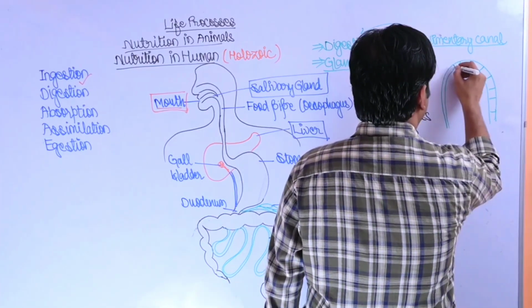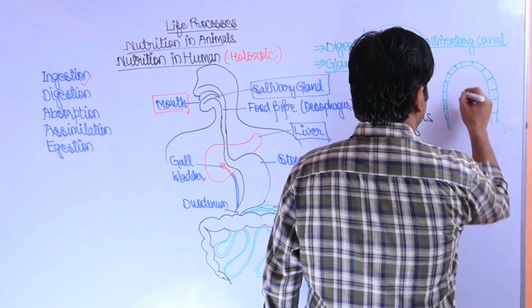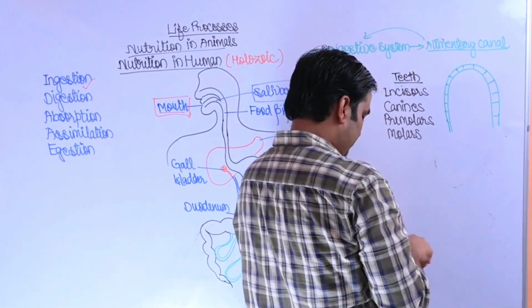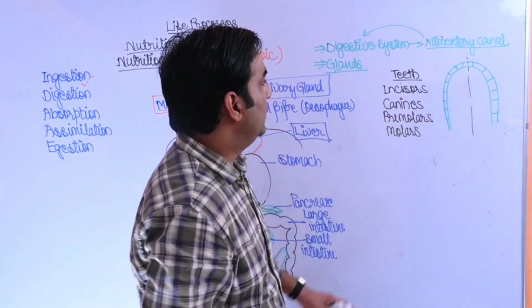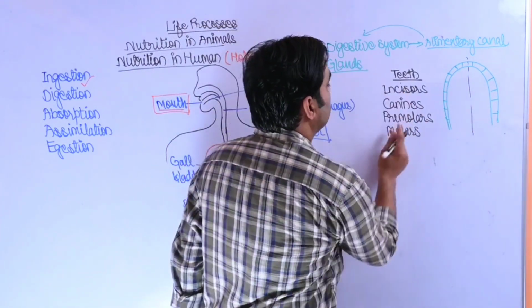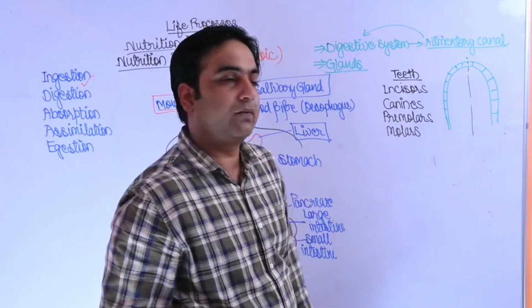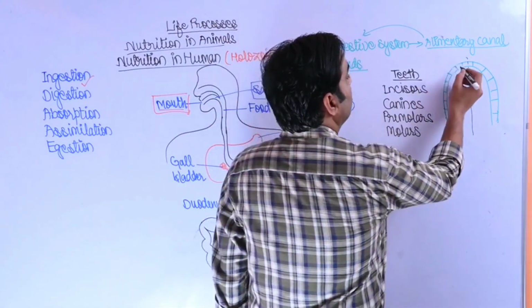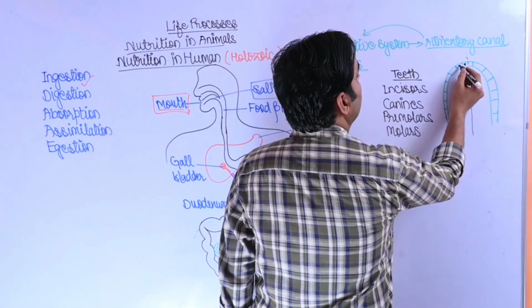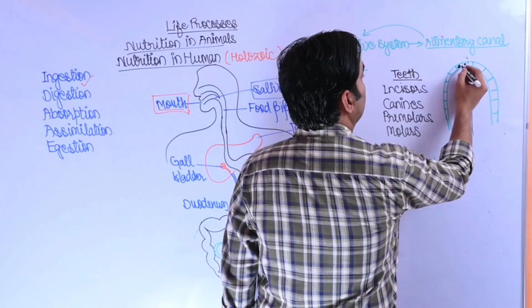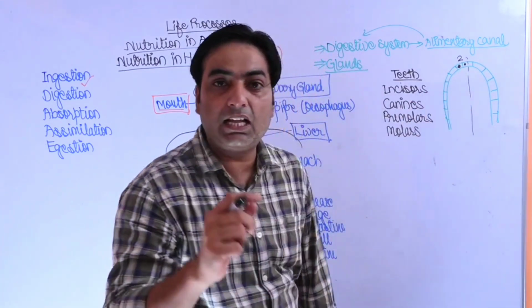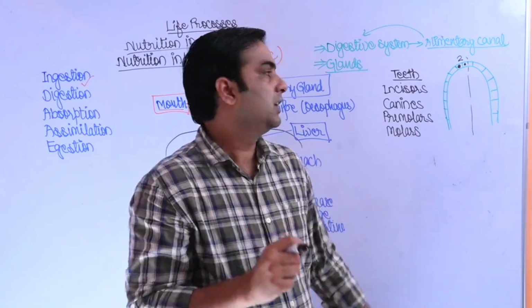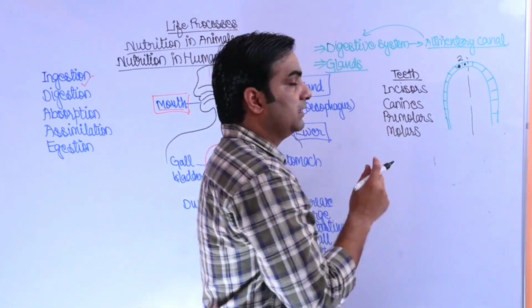So if we take half of the jaw, we can differentiate these varieties of teeth present in the human jaw. First 2 teeth, this one and this one, these are 2 in number, and these are called incisors, which help the food to bite.